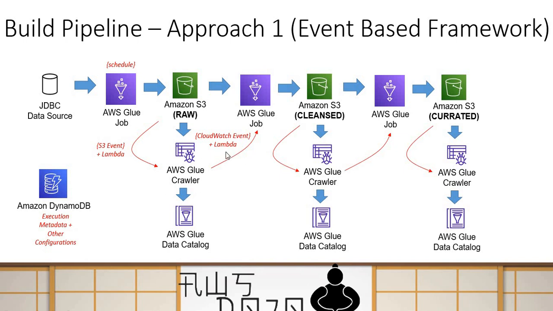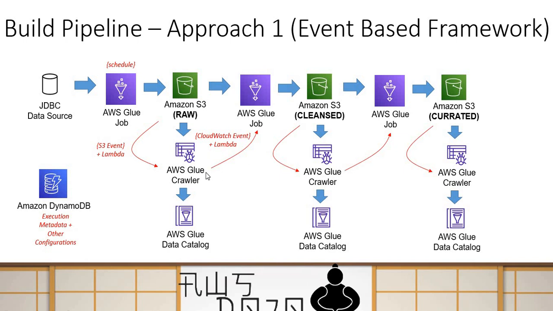And similarly, when this Lambda function is executed, which glue job to start after completion of this glue crawler, that information is also not hard coded, it's also in this DynamoDB table, and it simply fetches that information and starts the glue job.